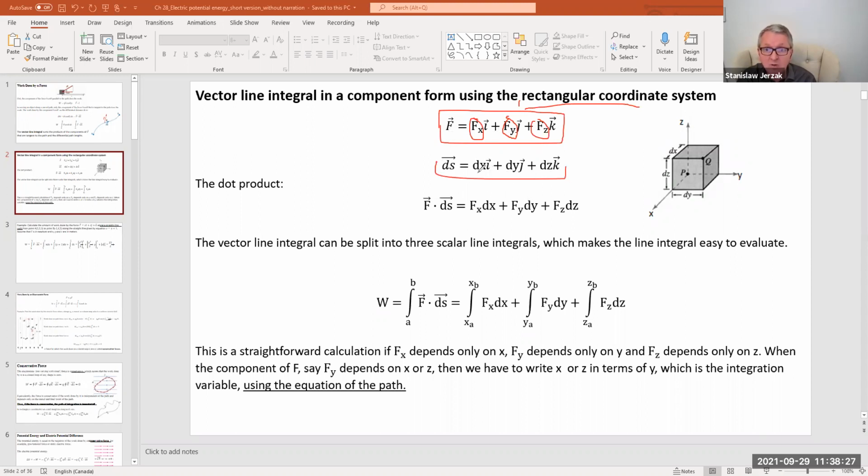But anyway, for now, that force can be written using these components like that, and displacement can be written also using these unit vectors i, j, and k like this. So for example, if you would have displacement from point P to Q, and that would be that tiny differential displacement ds, where ds approaches 0, then this displacement we can also decompose into components.